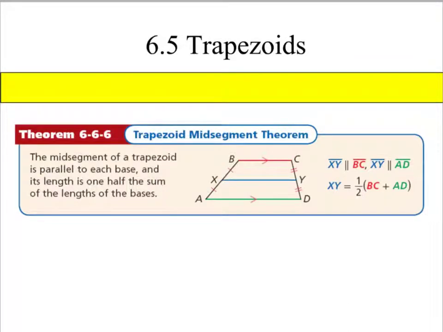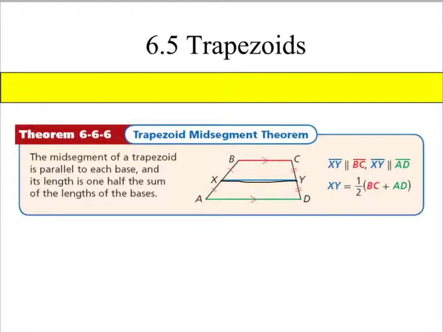Here's the theorem that goes along with it. It says the mid-segment of a trapezoid is parallel to each base, and its length is 1/2 the sum of the lengths of the bases. In other words, that mid-segment is equal to half of the two bases added together. If you look at this theorem, you will notice that XY is your mid-segment.